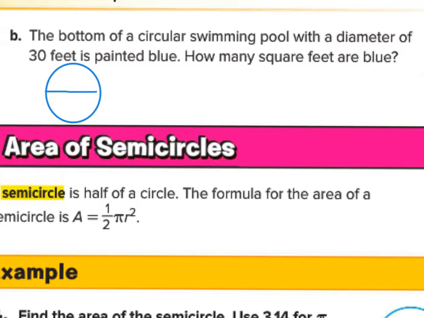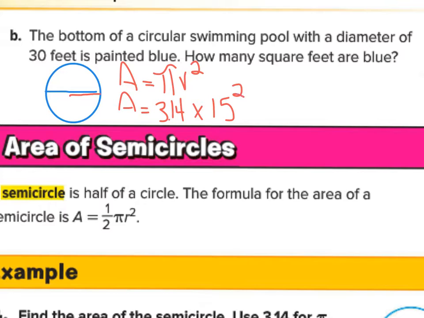We only want half of it, and half of 30 is 15. If you can't do that, just take 30 and divide it by 2, and you'll get 15. So now we have area equals pi times radius squared. 15 is not a multiple of 7, so we'll use 3.14 times 15 squared.